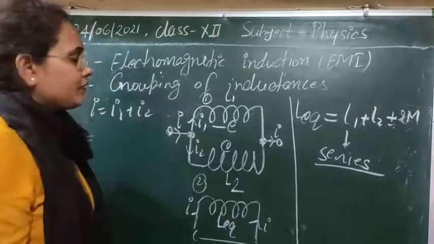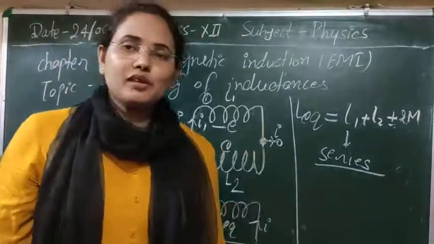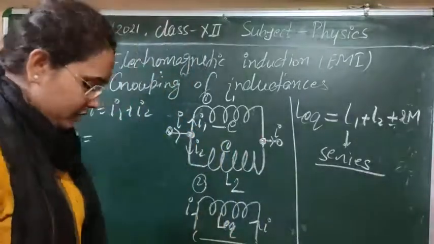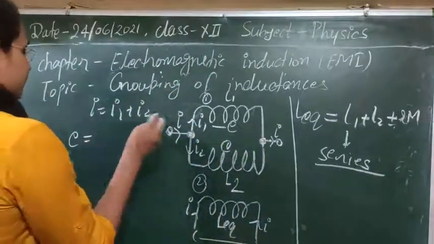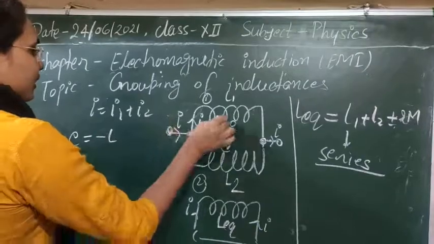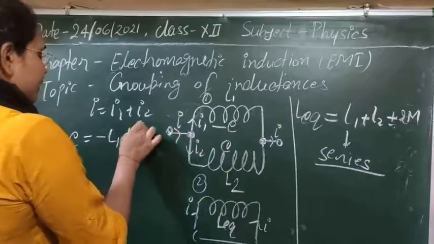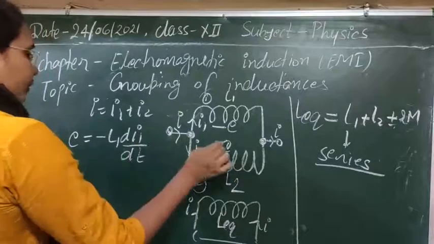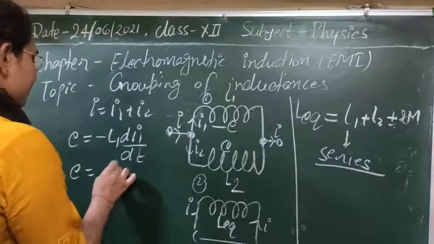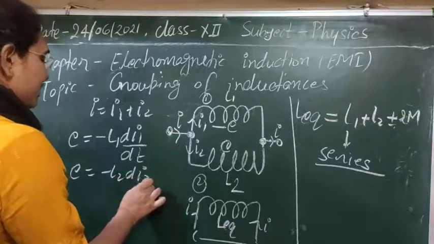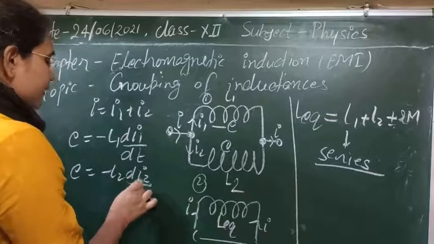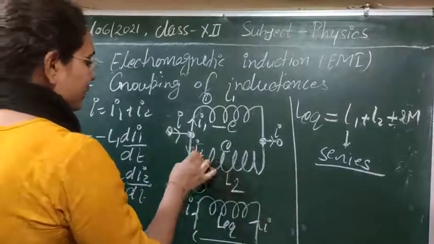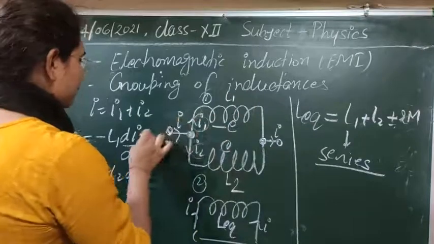Suppose we take the case where there is no mutual inductance. For the first coil, E is given by minus L1 di1 by dt. Also, E is equal to minus L2 di2 by dt, because this self-inductance arises due to the change in I2, and that one due to the change in I1.